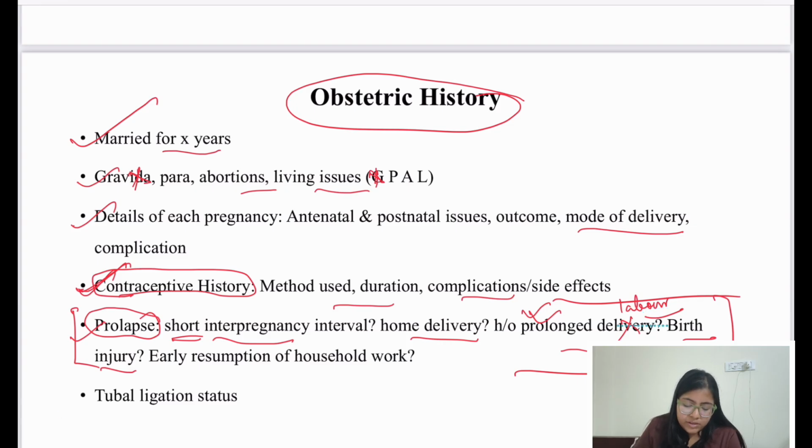And also ask about history of tubal ligation. Why is it important? Because of risk reducing salpingectomy, if you know about the stick lesion.